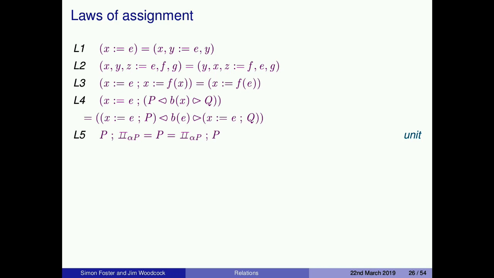And we can say that skip is a left and a right unit. These are called the laws of programming. Tony Hoare and some others, Bill Roscoe and so on, wrote a paper in 1987, I think, called The Laws of Programming, that was basically trying to give a comprehensive set of algebraic laws for imperative programs. And these are some of those laws.